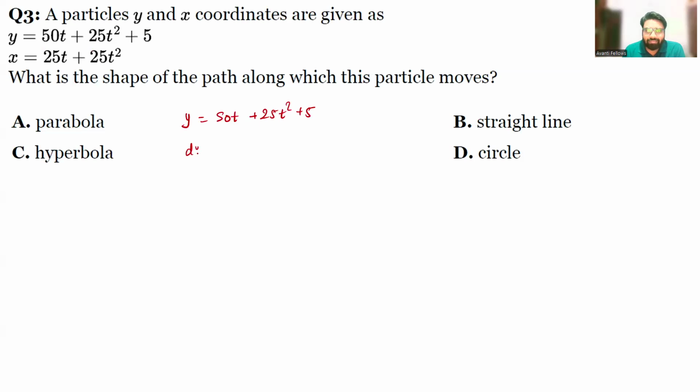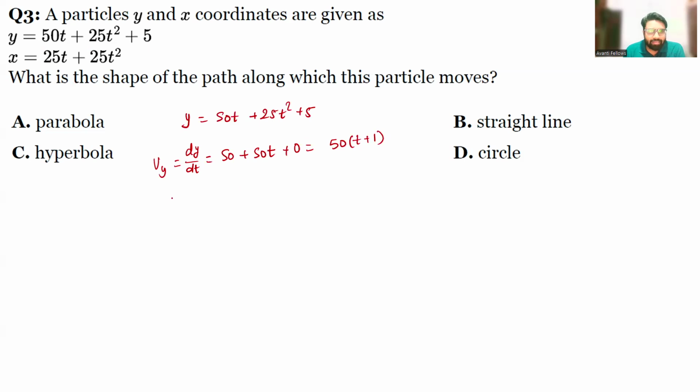If I calculate dy by dt, which is nothing but the velocity in y direction, dy by dt equals 50 plus 50t plus 0, which is 50 times t plus 1.